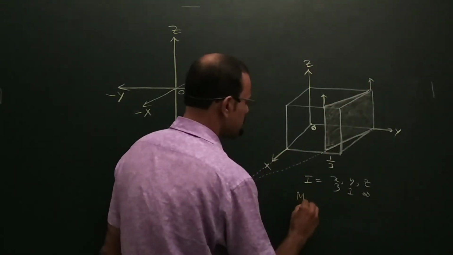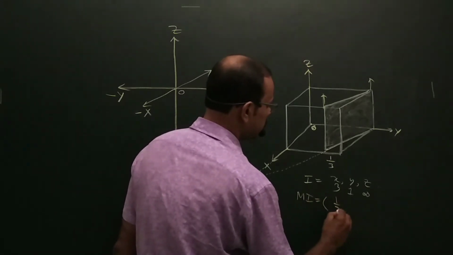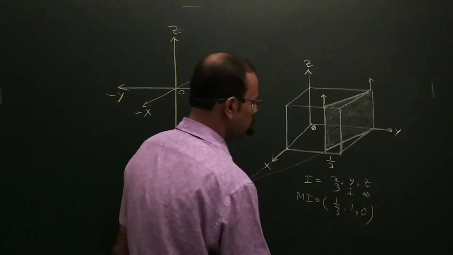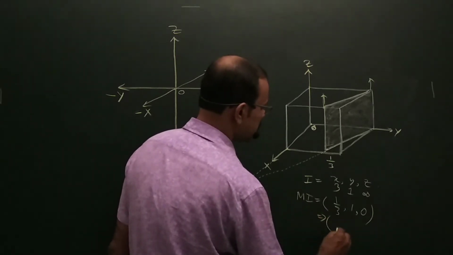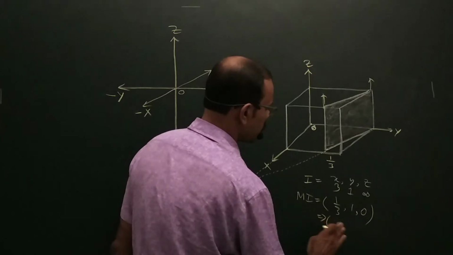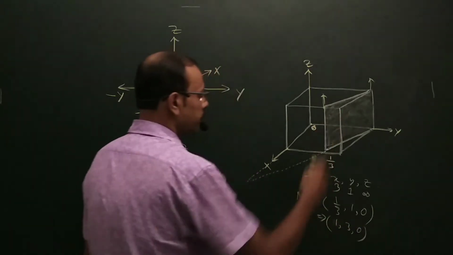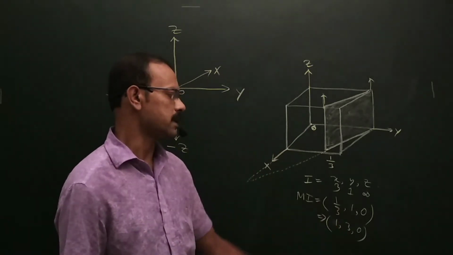Therefore Miller indices is of course the reciprocal and is given by 1/3, 1 by 1 there is 1, and 1 by infinity there is 0. Taking the LCM, we have the Miller indices as 1, 3 and 0. Therefore, the Miller indices of this plane is 1, 3, 0 along x, y, z axis respectively.